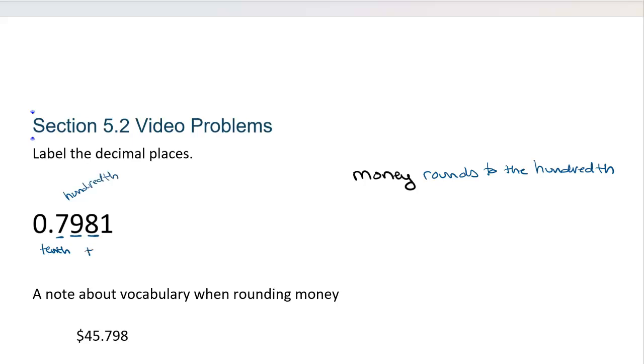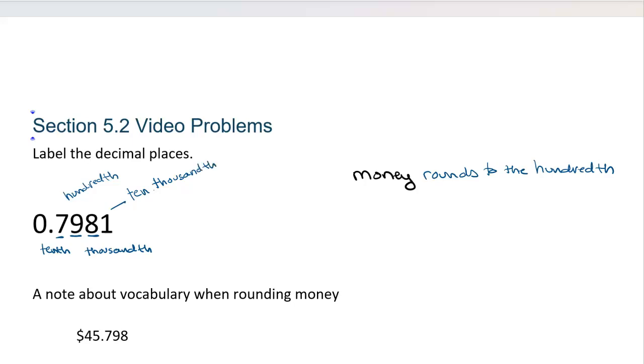Third place is 1000th. Fourth place is 10,000th. Thousandth. I'm going to go ahead and clean that up because that is not legible. Let's try that again. 1000th. There we go. Much better.